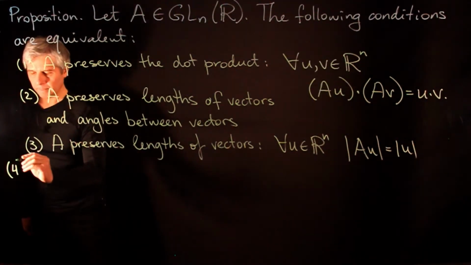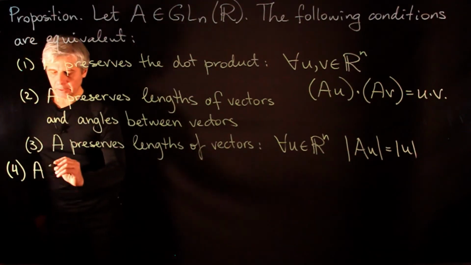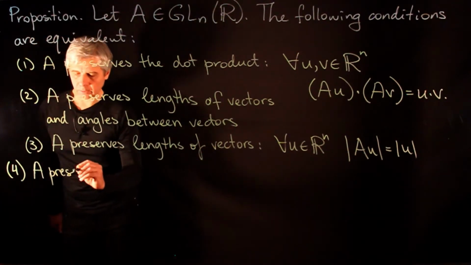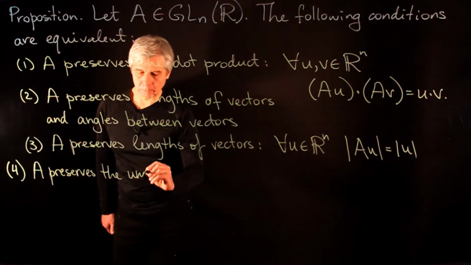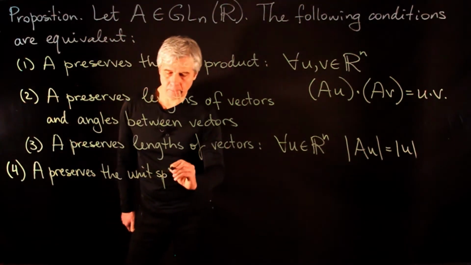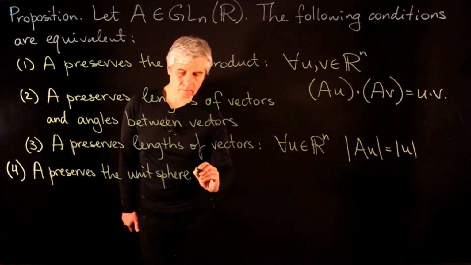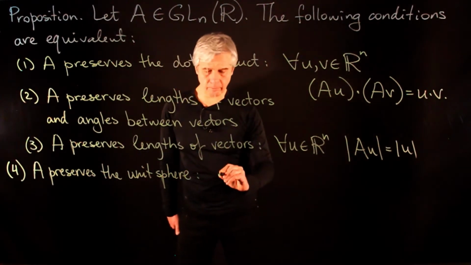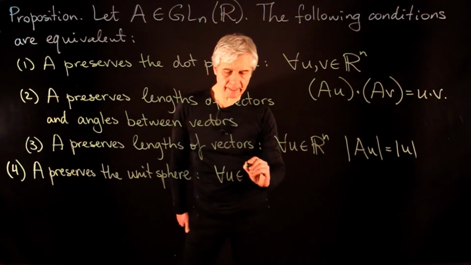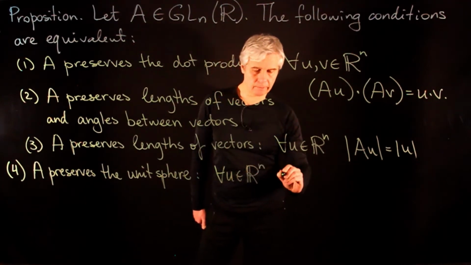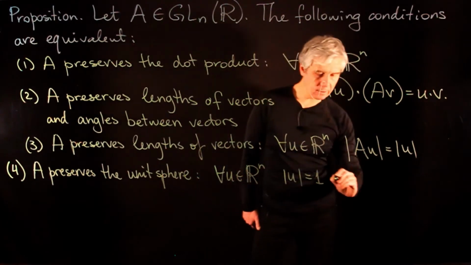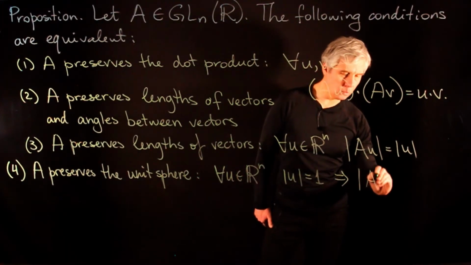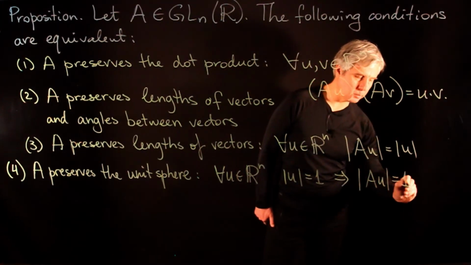Four, A preserves the unit sphere. So this means that for all u in R^n, if the length of u is equal to 1, then the length of Au is also equal to 1.